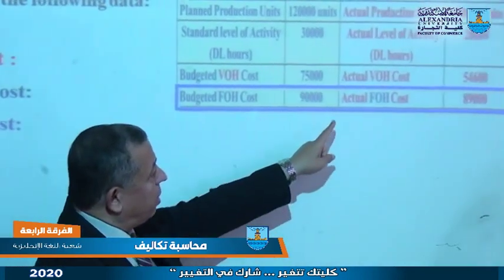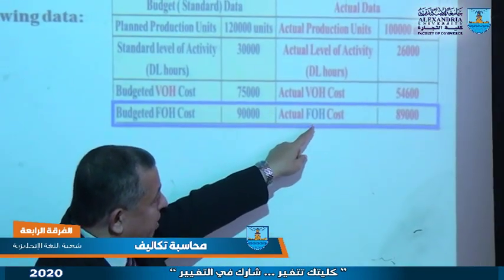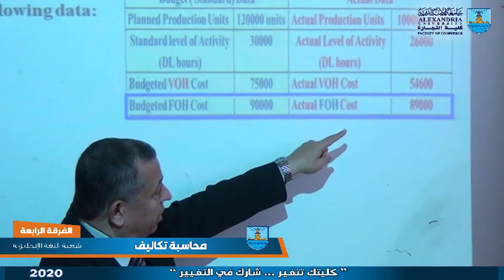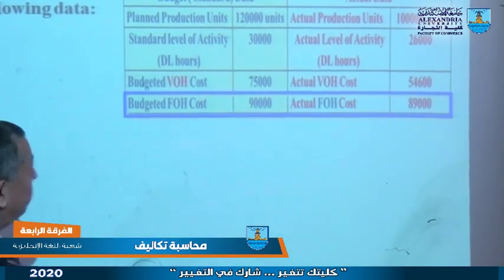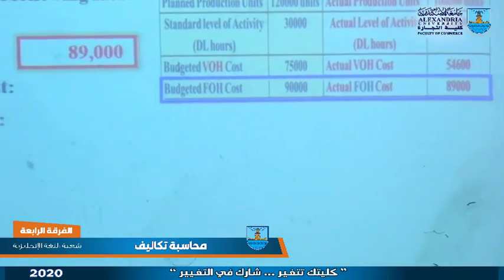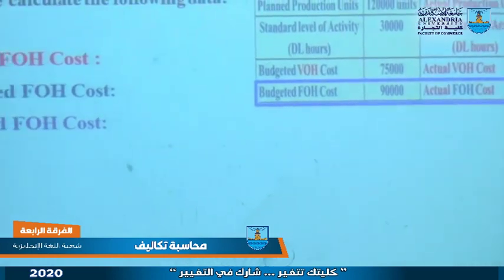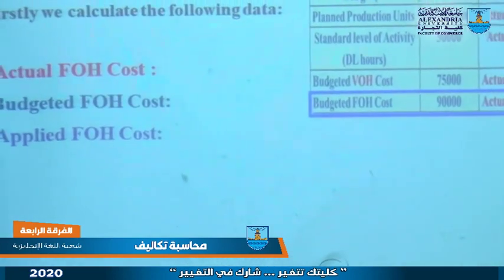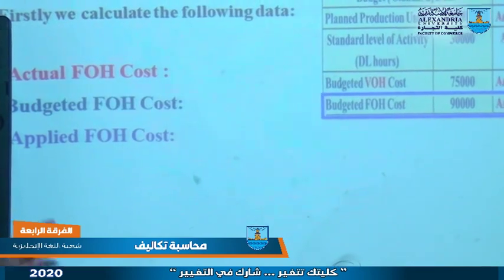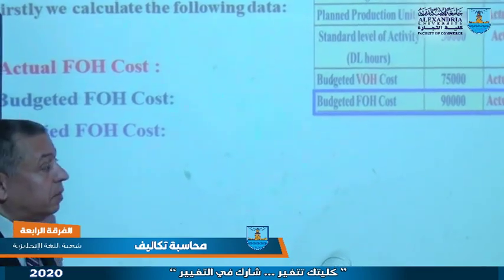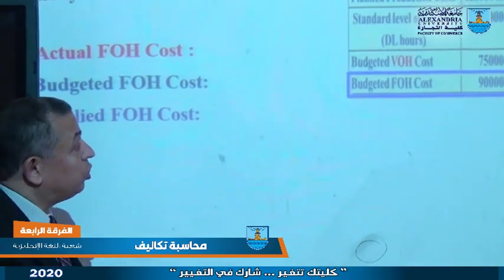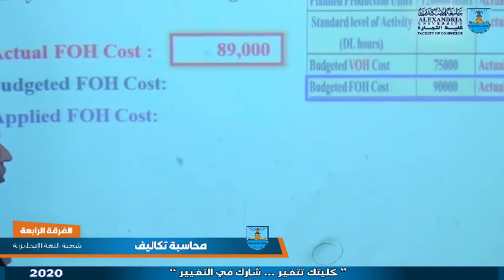It's actual fixed overhead. Actual, yes, 89. It's actual again, from my information, here, the side of actual data. Actual here is 89, so I will choose actual 89.